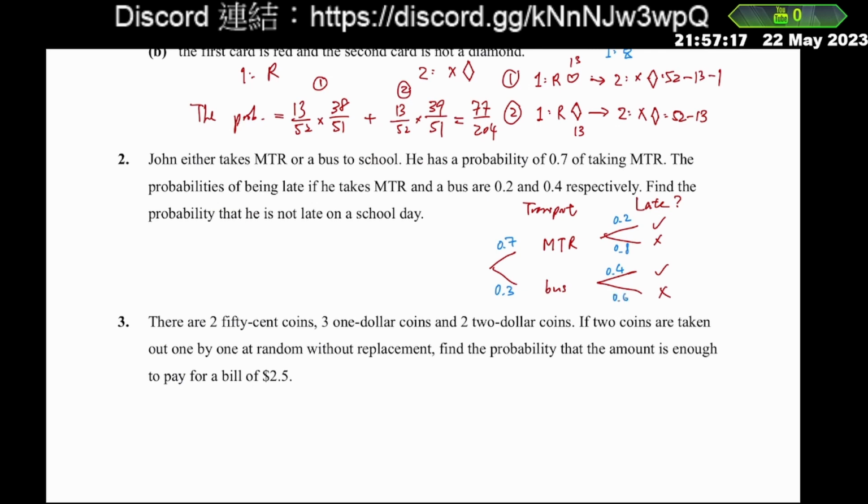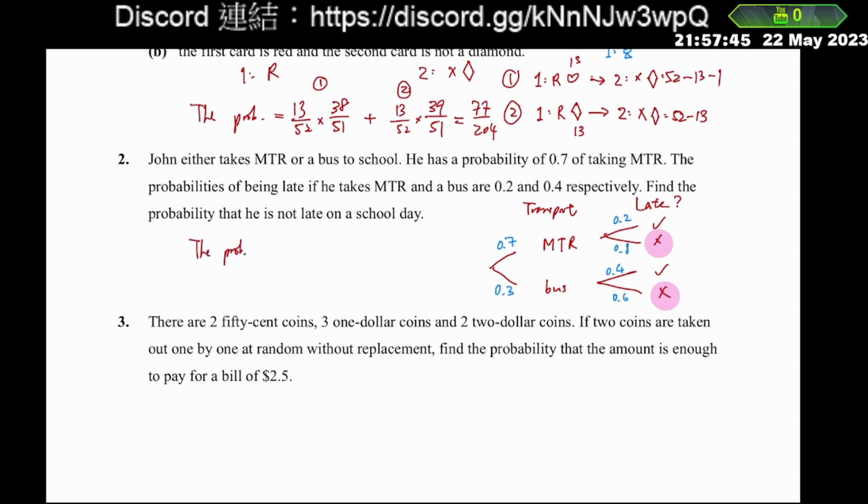Now, the question asks for the probability that he is not late on a certain school day. Therefore, the cases that he is not late will be this one and also this one. This one comes from the branch for MTR and not late, and bus and not late for the other branch. So the final answer for this question will simply be the probability.